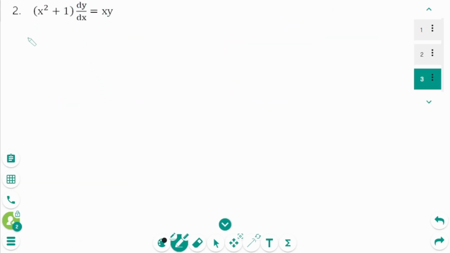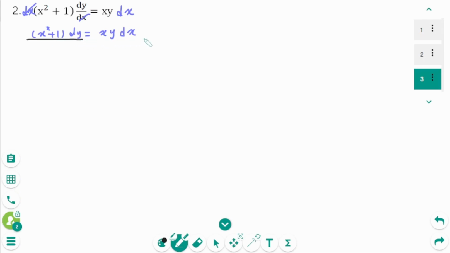Question 2. Times dx on each side, then cancelled, x squared plus 1 dy equals xy dx.